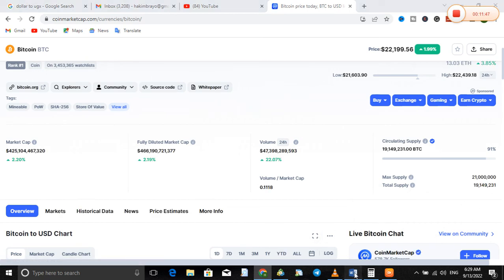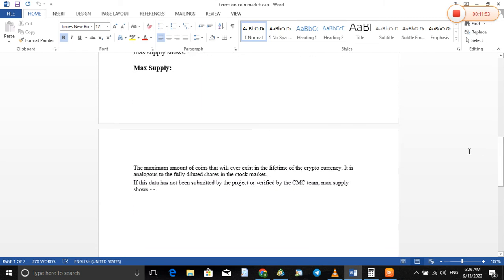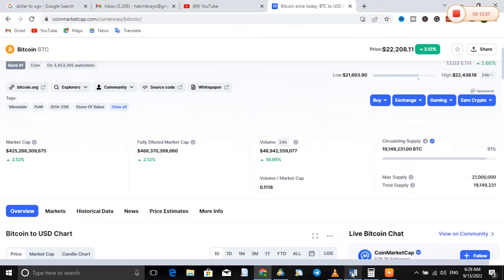When you come back to our notes, you see the maximum supply. Now total supply is different from the maximum supply, so I want you to differentiate this. The maximum supply is the amount of coins that will ever exist in the lifetime of a cryptocurrency. It is also indicated here. Oh, sorry. It is also indicated here.